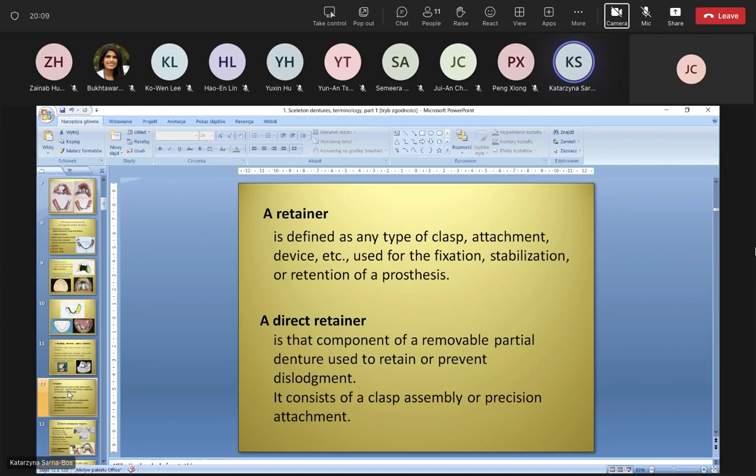Next slide. So, a retainer is defined as any type of clasp, attachment, device, etc., used for the fixation, stabilization, or retention of a prosthesis. And a direct retainer is that component of a removable partial denture used to retain or prevent dislodgement. It consists of a clasp assembly or precision attachment.